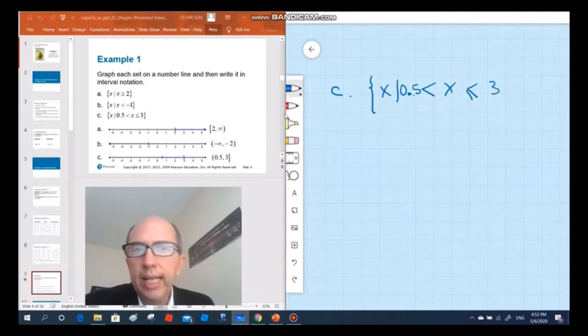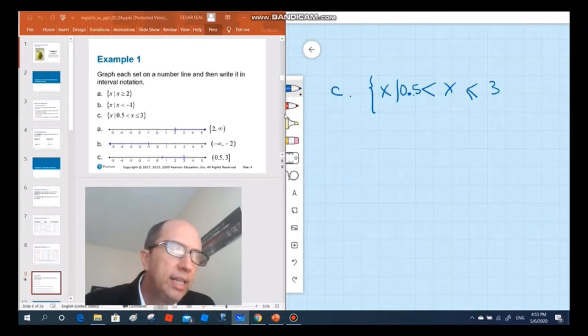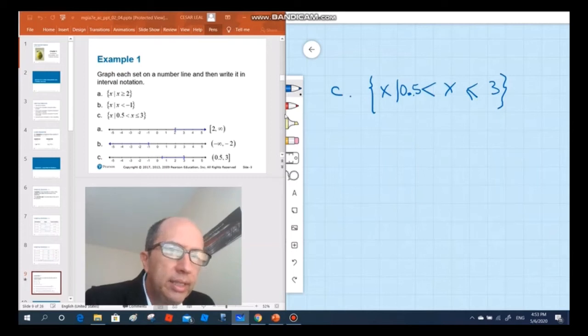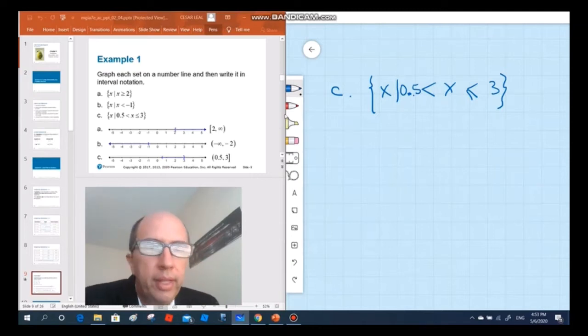But x is greater than 0.5 and x is less than or equal to 3. Or you can read it like this: 0.5 is less than x, which is less than or equal to 3.